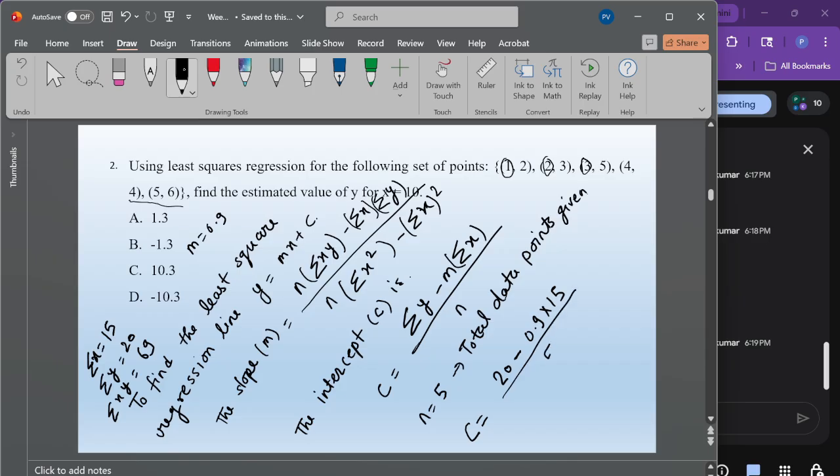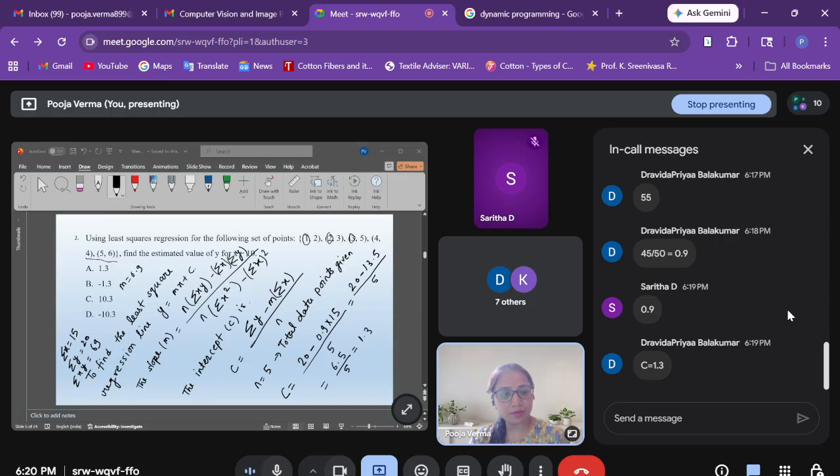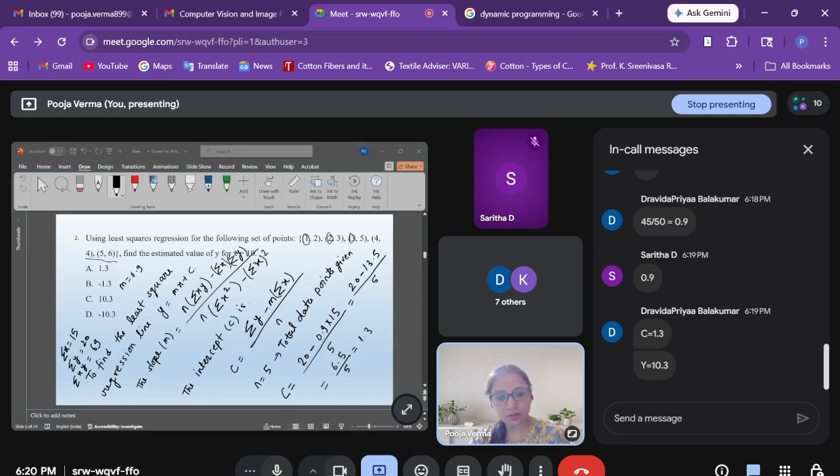And n we know is 5. Now if you calculate, you will get 13.5 here, 0.9 into 15, and 5. And further, if you subtract and divide, you will get 6.5 by 5, that is 1.3, right? See, anyone have calculated?